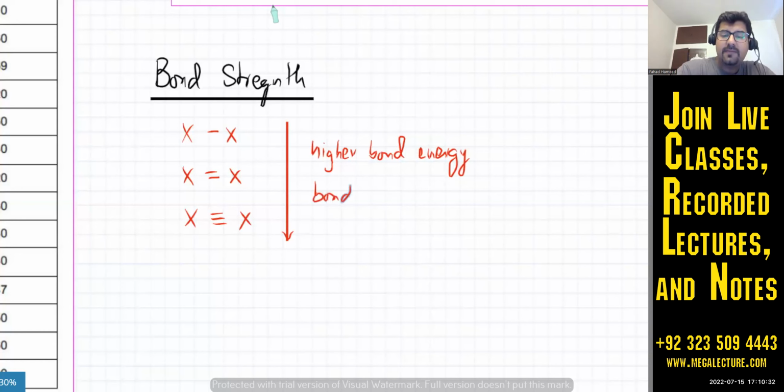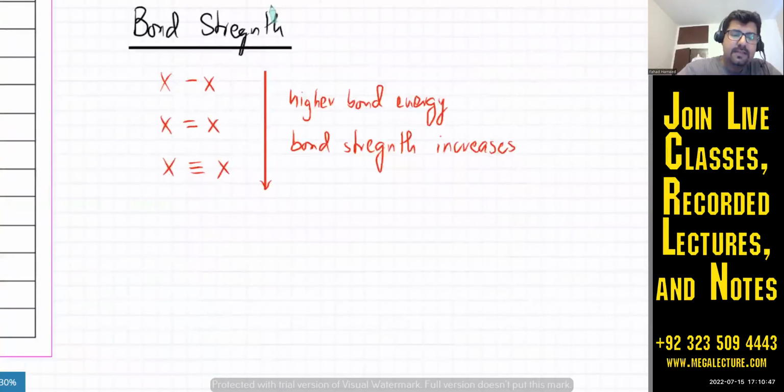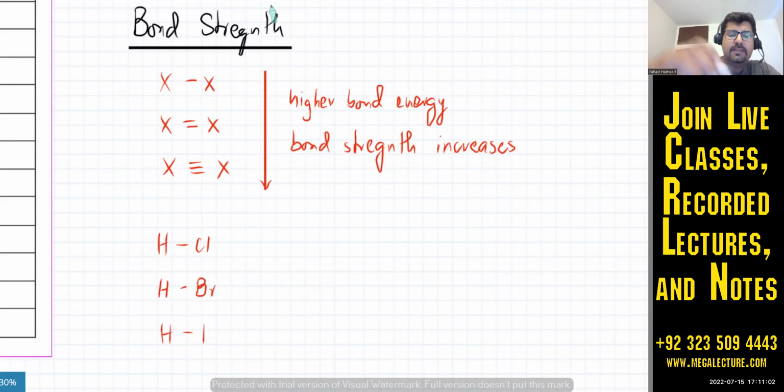Any other factor, like if you have, so bond strength increases, right? As any other factor, let's say I give you another option, like you've got HF here and HBr and so on, HI. So who do you think has the strongest bond between these three?